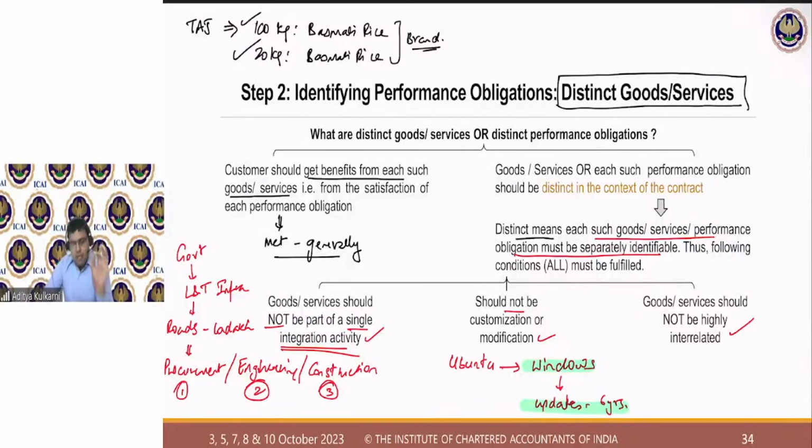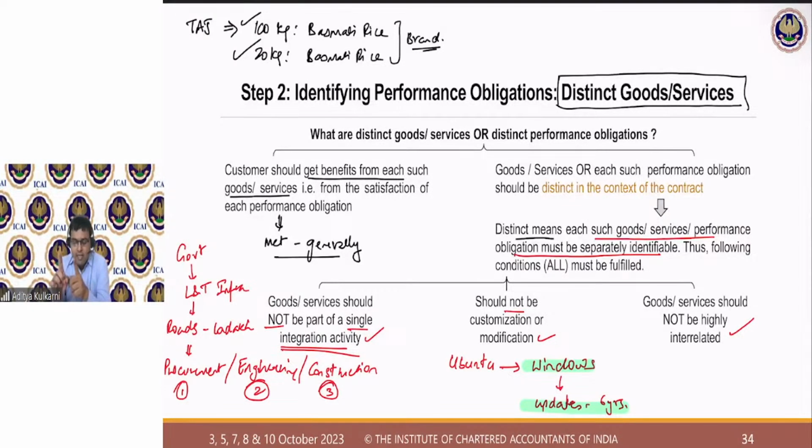Vimal, again I'm telling you, we are not charged for the updates is not the basis for discussing distinctness. The very first example we started off with, free warranty for purchase of a car. Did it change the revenue recognition? If I go by the fact that we are not charged for the free warranty, then I should not have booked the warranty revenue separately.